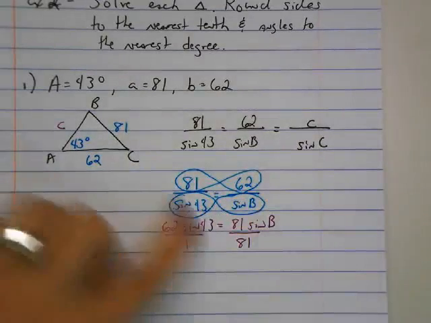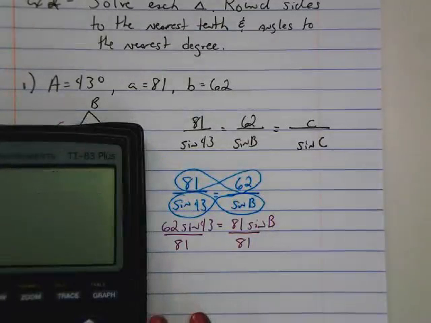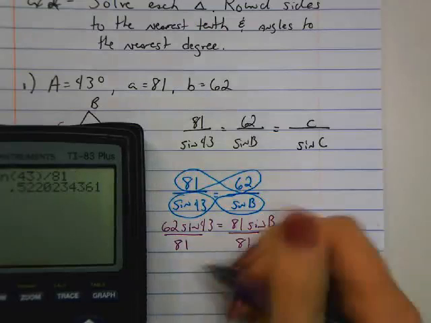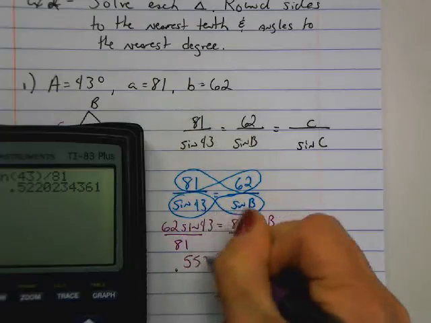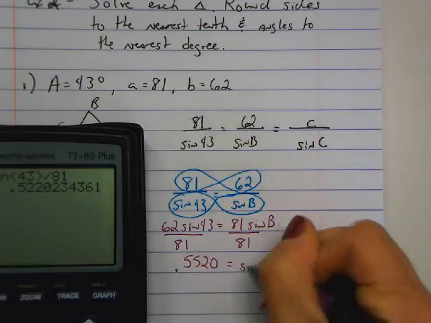I'm going to type this into my calculator so I don't have so much to keep in my head. So 62 sine 43 divided by 81, and I get 0.5520 is equal to the sine of B.